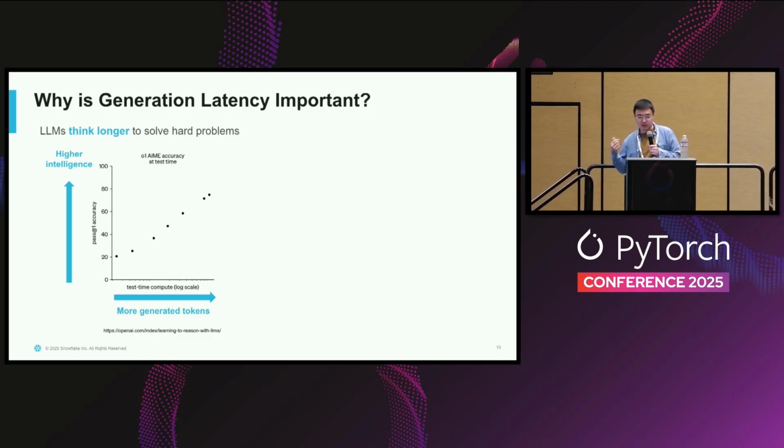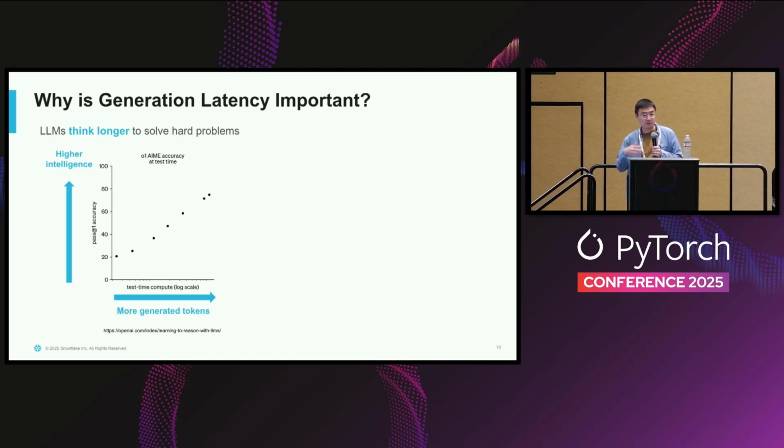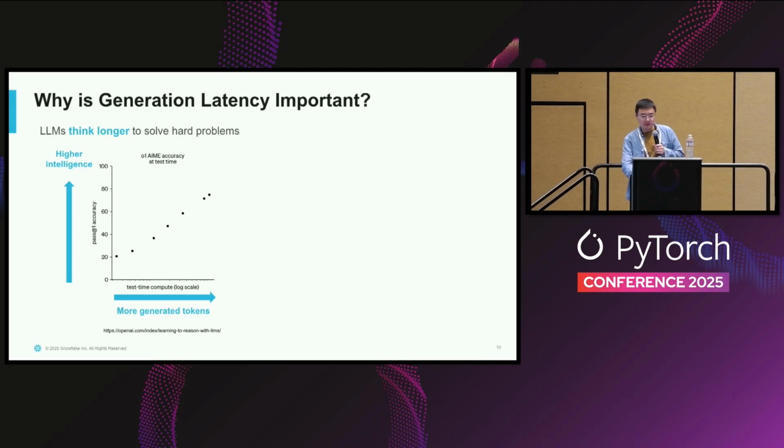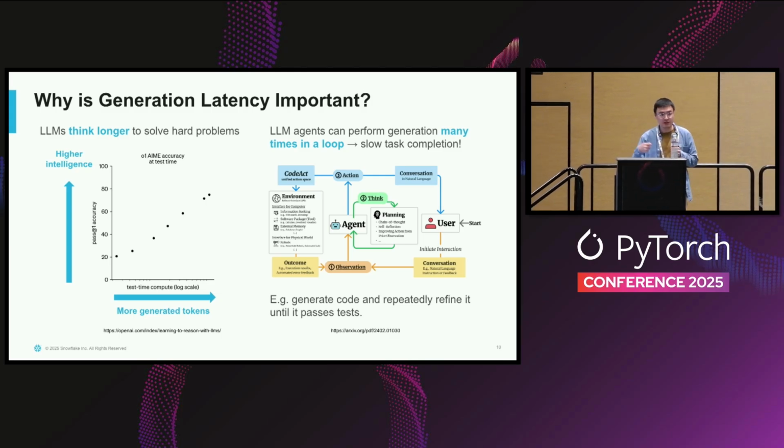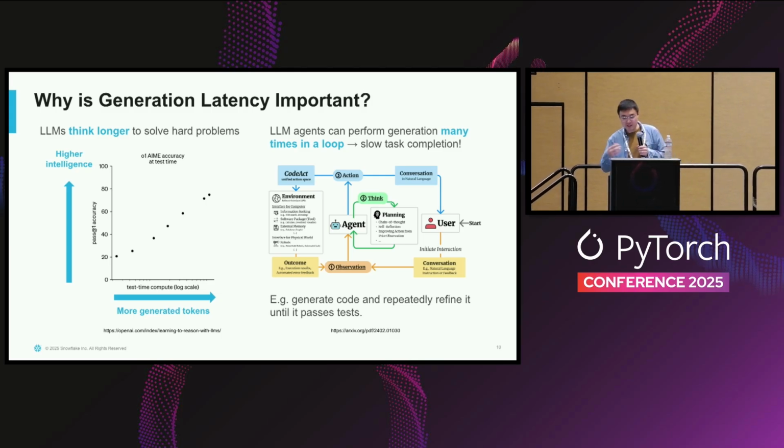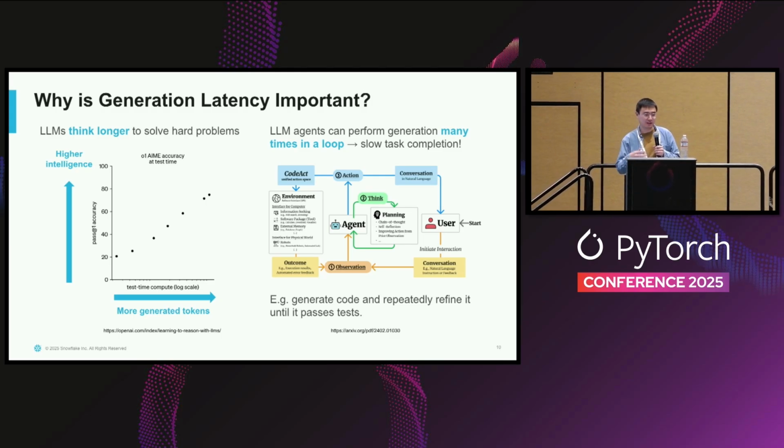That means they generate a lot more tokens to answer each and every user query. Sometimes this can take tens of seconds, and sometimes even minutes. And second, agentic frameworks nowadays can perform generation many different times in a loop. This can drastically lengthen the time it takes to complete the end-to-end task.